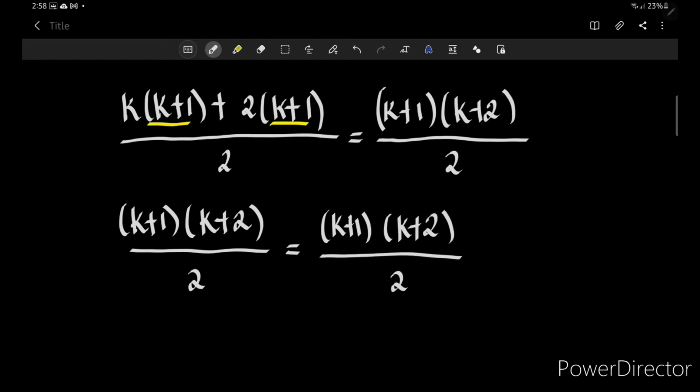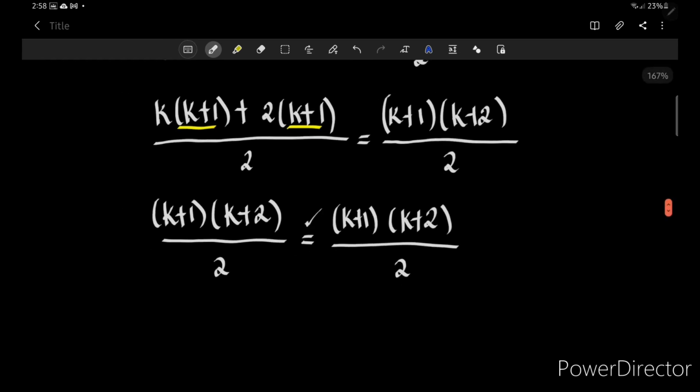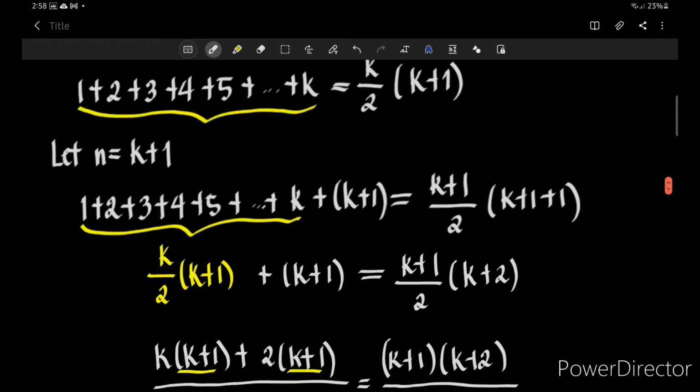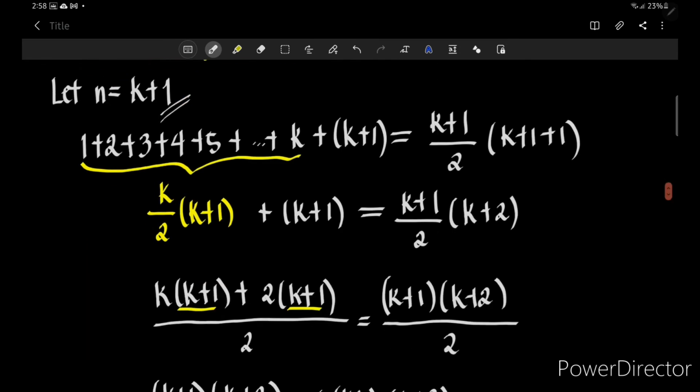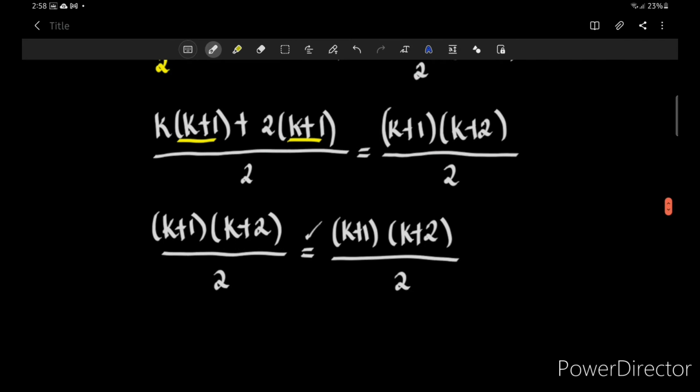And na yun, napakita natin na yan po ay equal. And yan po ay totoo sa lahat. Okay, since naipakita natin or na-show natin na ang n ay gumagana at k plus 1. And that is the end of our proving that this arithmetic series is true for any values of n.